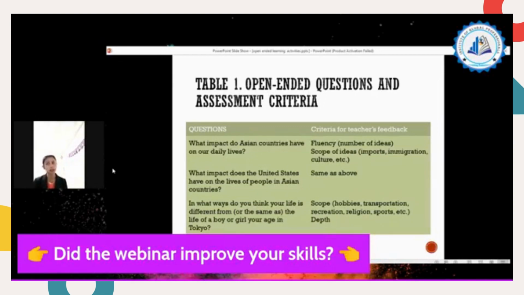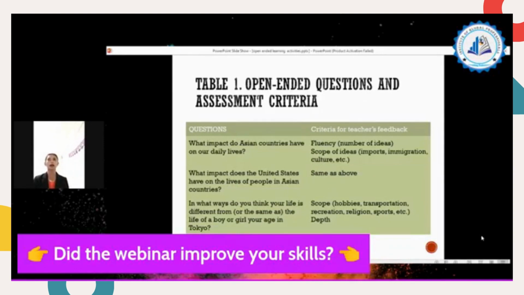Meaning a Japanese girl, comparing your life to a Japanese person, no? A Filipino to a Japanese. What is the comparison? What is the contrast? So here, your students will be discussing the scopes, the hobbies, the transportation, the recreation, the religion, the sports, and anything about that that matters.